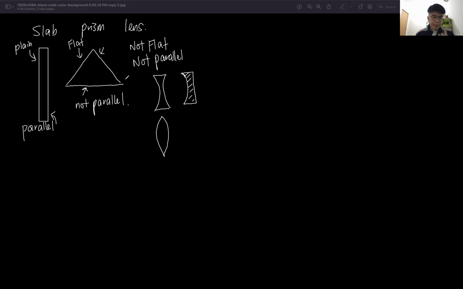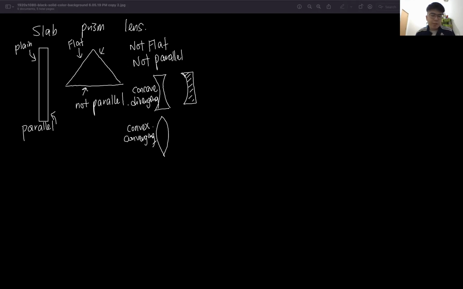Talking about lens, how do you differentiate? Very easy. Concave lens, you see the corner: if it's thick at the corner and very thin at the center, then that is a concave lens. If it's thin at the corner and thick at the center, then that is a convex lens. They have another name. Concave is diverging, and convex is converging.